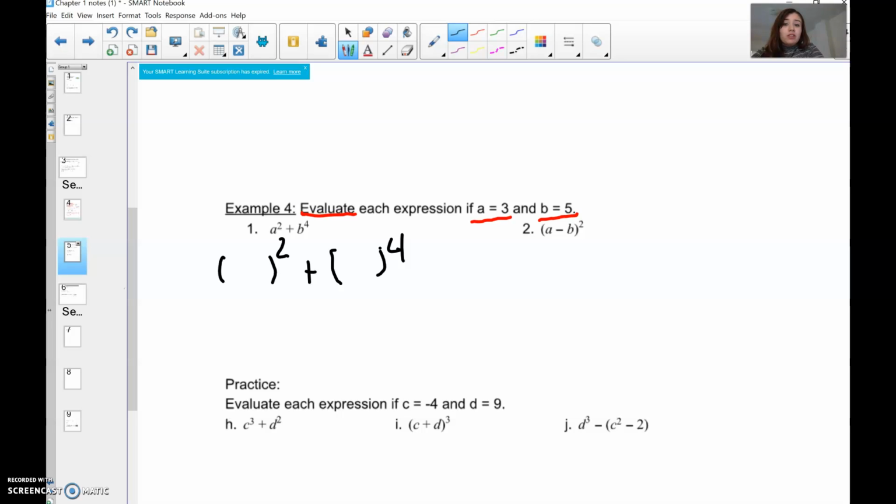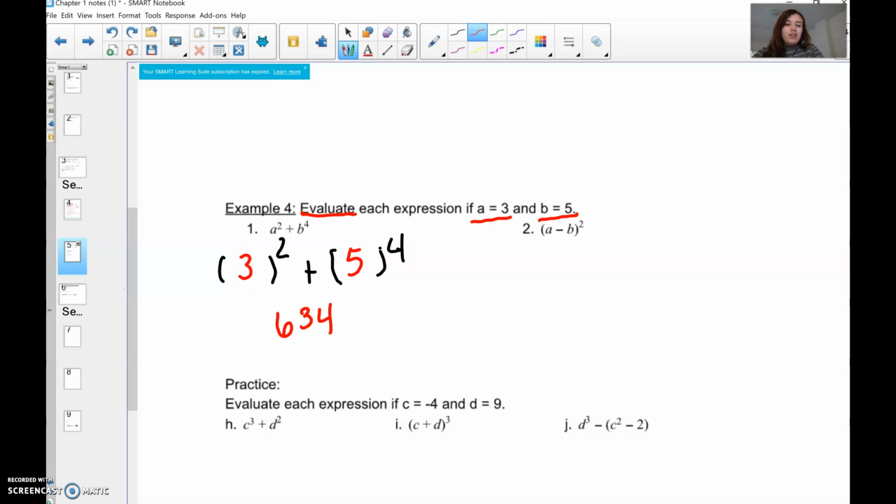So I put parentheses where a goes and where b goes. And now I'm going to write them in. So if a equals 3, we're going to plug it in. When b equals 5, we're going to plug it in. We're going to do 3 squared plus 5 to the 4th power. And we are going to get 34.